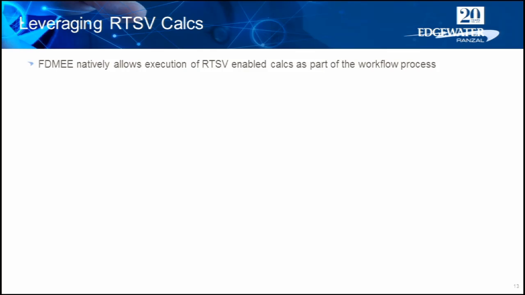All right. So FDMEE natively leverages these as part of the process. Before, you ran that clear, but you probably ran it before any data actually got into the application. You had to run the clear and then the data load. FDMEE does the same sequential thing, but it does it as one step. It's transparent to the end user. Same thing with the aggregation. But the nice thing here is you specify that calc script right in the GUI.